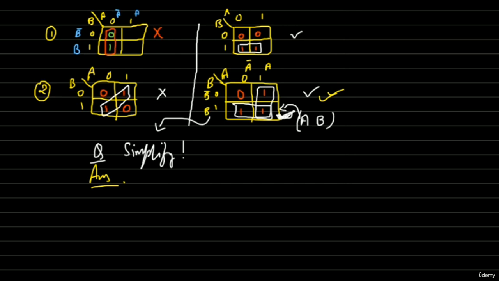Okay, so A, B dash, because this is the first one. So I'm marking it all the time. We are doing it so that you can see every time what we have done.